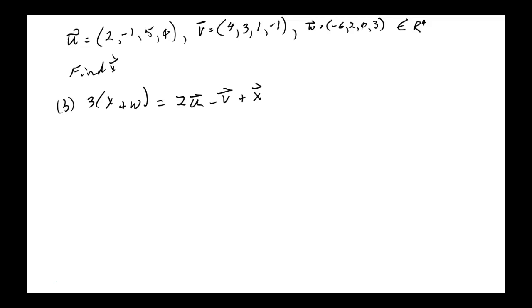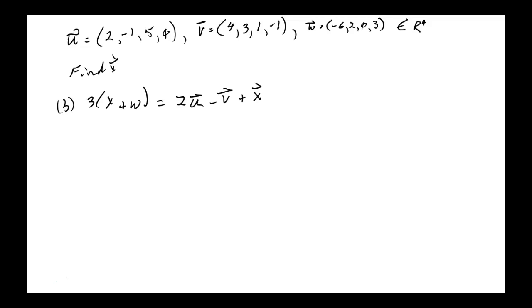I call that chug and plug. Or you can plug the numbers in and then solve for the variables. Now, I think it's easier to solve for the variable first and then deal with the numbers. Otherwise, you're going to have 4 equations, one for each component, and you're going to have to carry them all the way through, and it'll get really messy.